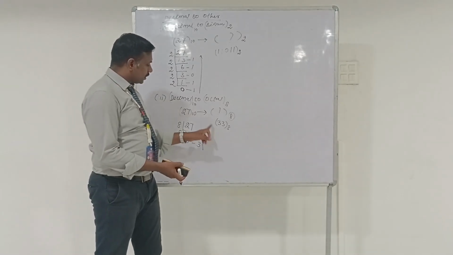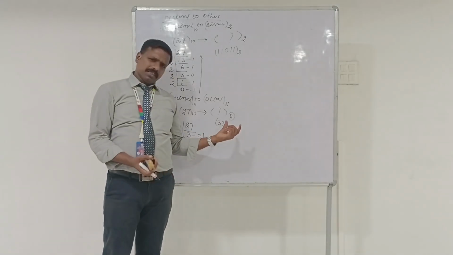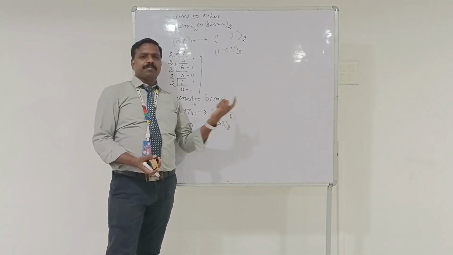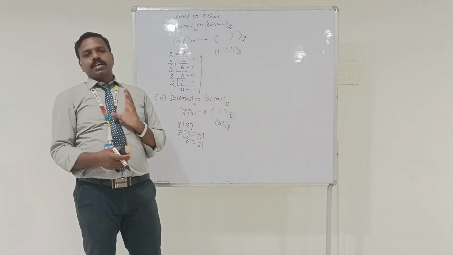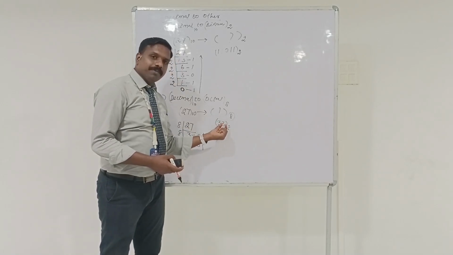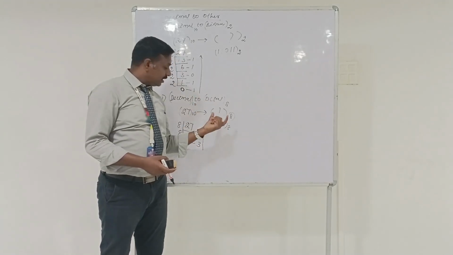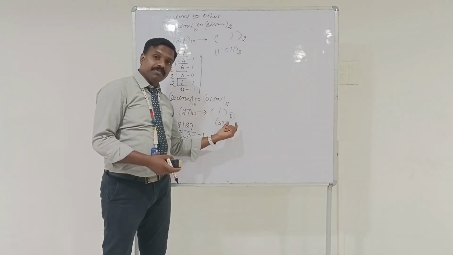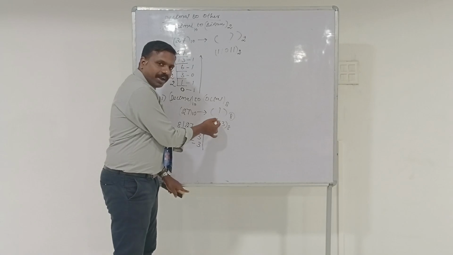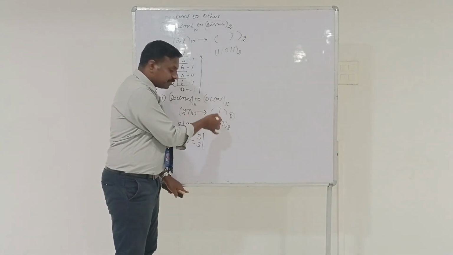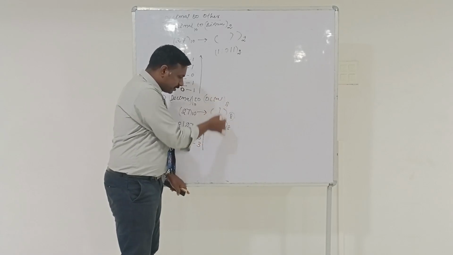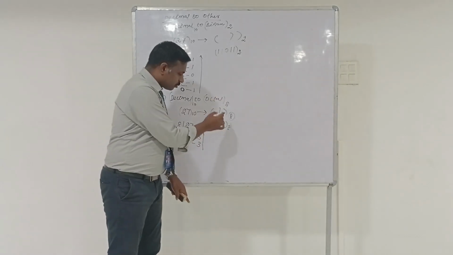But in decimal to octal, it is easy to understand, and also easy to find whether it is an octal number or a decimal number. In an octal number, each digit should lie between 0 to 7. For example, take the first digit here, the value is 3. This lies between 0 to 7 only, so it is correct. The second digit also lies between 0 to 7, so it is also correct.